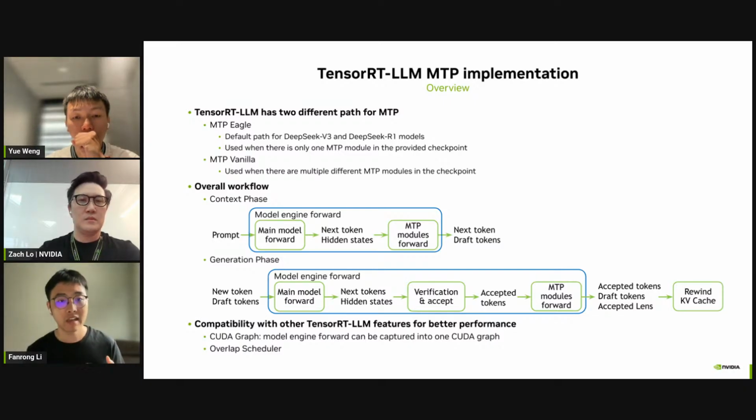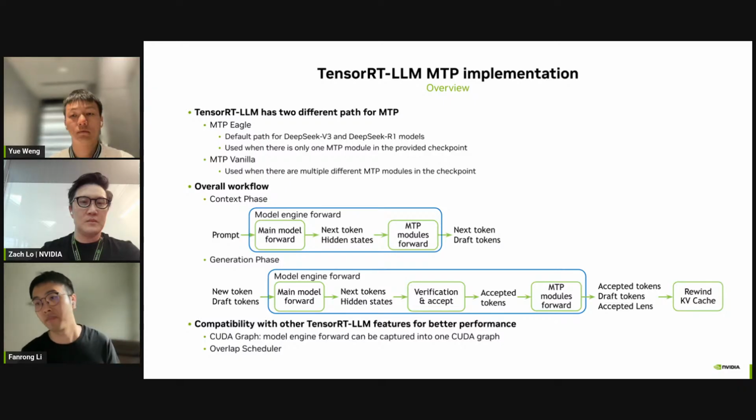In this way, we can enable MTP together with other TensorRT-LLM features, for example CUDA graph and the overlap scheduler. With CUDA graph, we can boost the model performance, especially for the case with a small batch size.